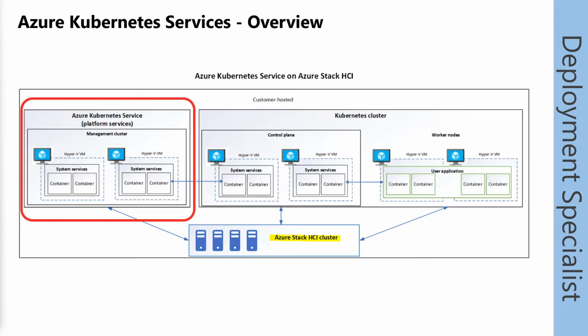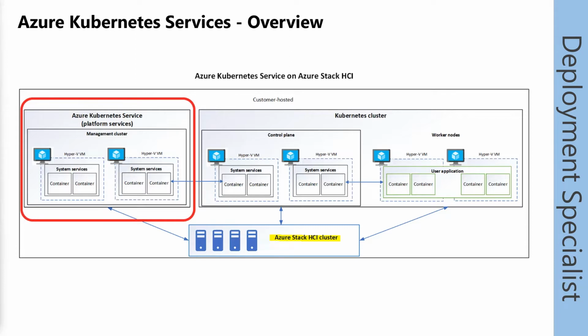When we use Azure Kubernetes Services in the Azure public cloud at Microsoft, we only consume the services. In Azure Stack HCI, we also have to think about how the Azure Kubernetes Services are provided on premises.